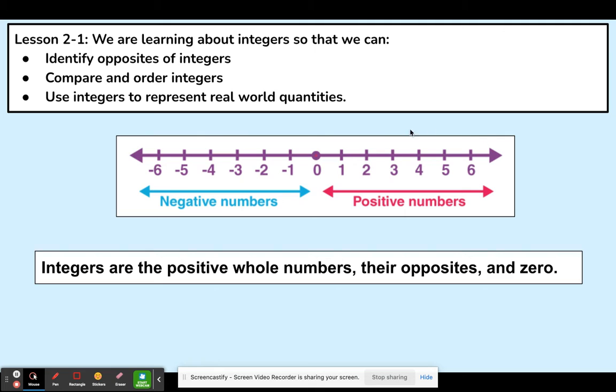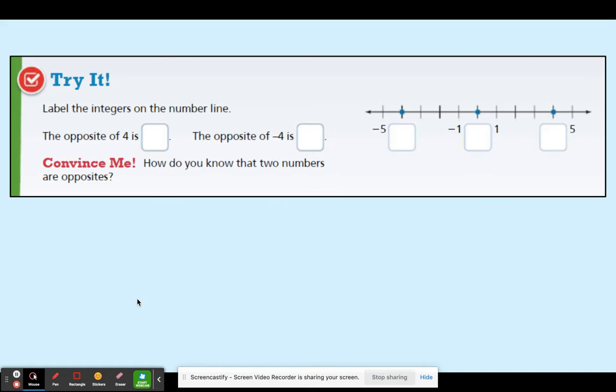So this number line is an example of integers. So our counting numbers, 1, 2, 3, 4, their opposites, -1, -2, -3, -4, and it also includes 0. So it's our positive whole numbers, our negative whole numbers, and 0. So that is what an integer is.